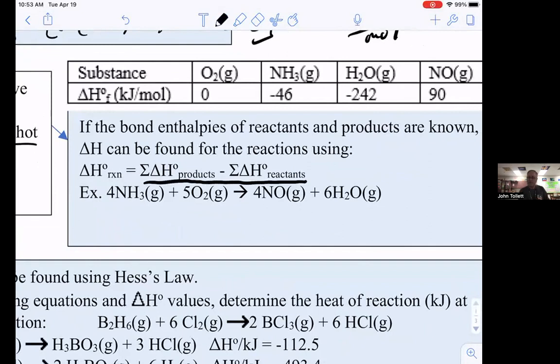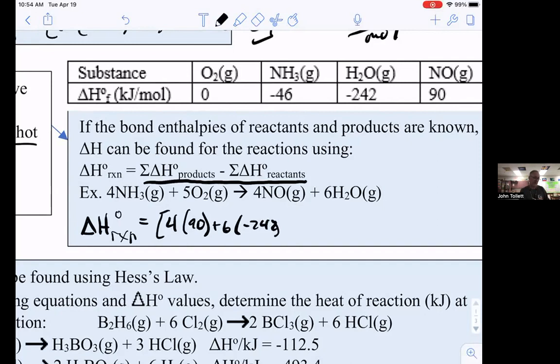So if I go ahead and do it for this one, I've got my delta H naught F for the reactions. Oh, let me say, this is not for heat of formation. This is for the entire reaction. It is going to be 4 times my value for the nitrogen monoxide, which is 90, plus 6 times my negative 242, which I think is my water.